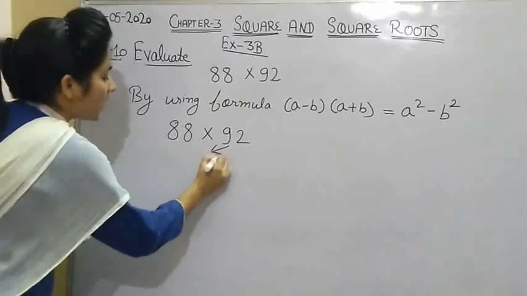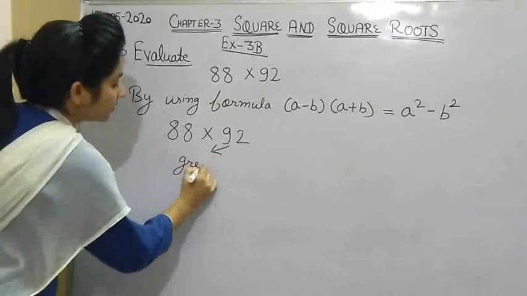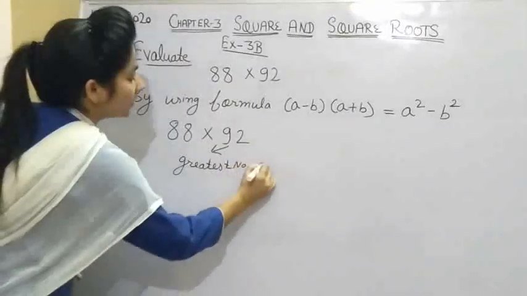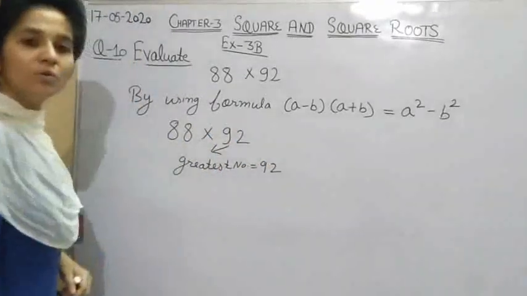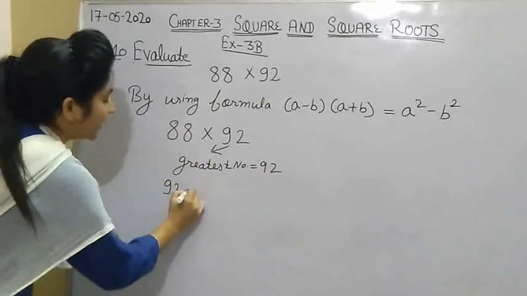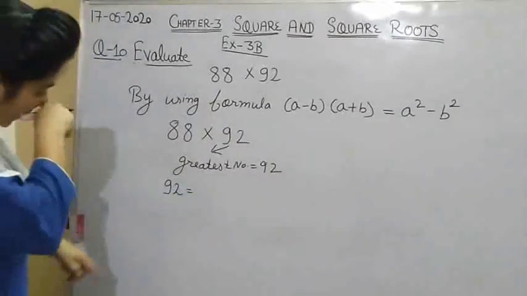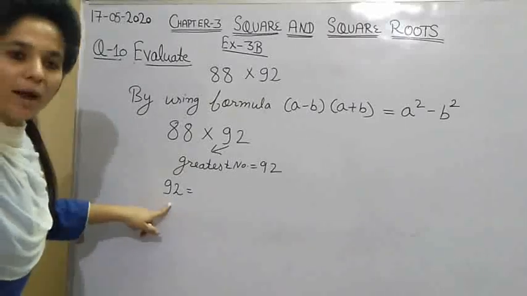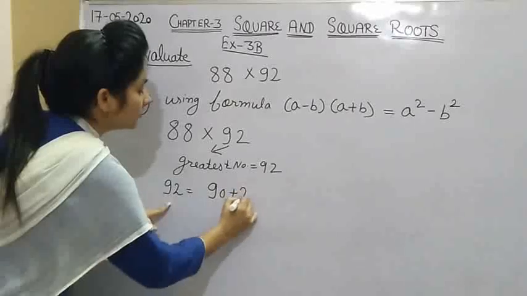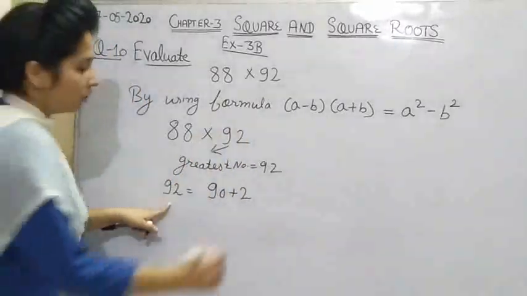The greatest number is 92. We will expand 92. You can expand 92 as 90 plus 2.